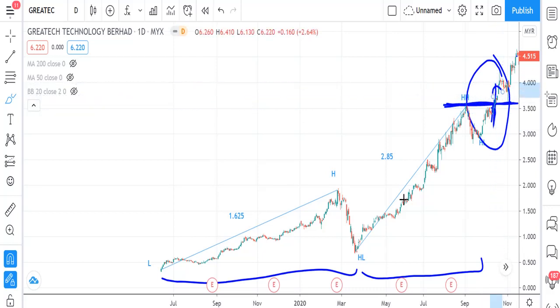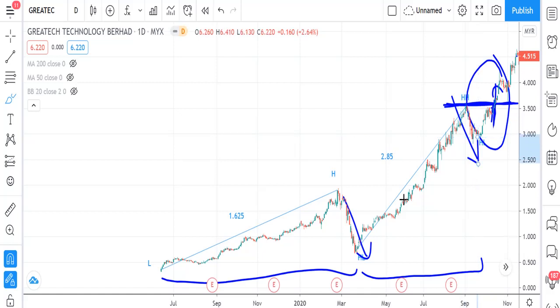But we want to see whether the theory that we learned in the previous video conforms to what we see practically here. The theory says that you have to look at the retracement. So there is one retracement here, and then another retracement here, so there are two retracements.